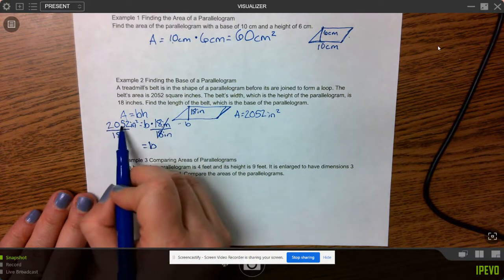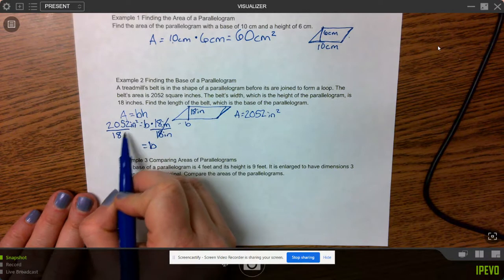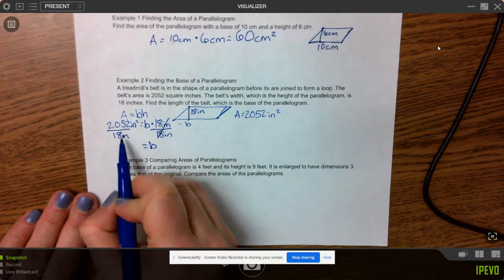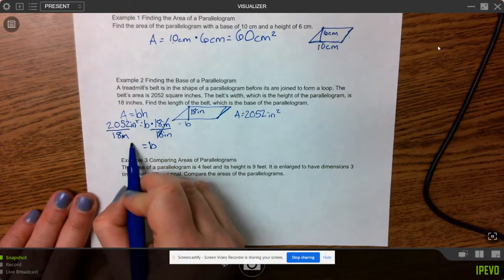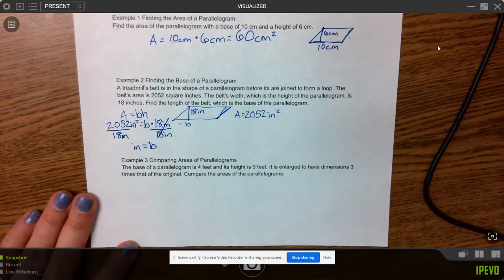Then we have 2,052 inches squared divided by 18 inches. We divide an inch out of our inches squared, so we're left with just a single inch.